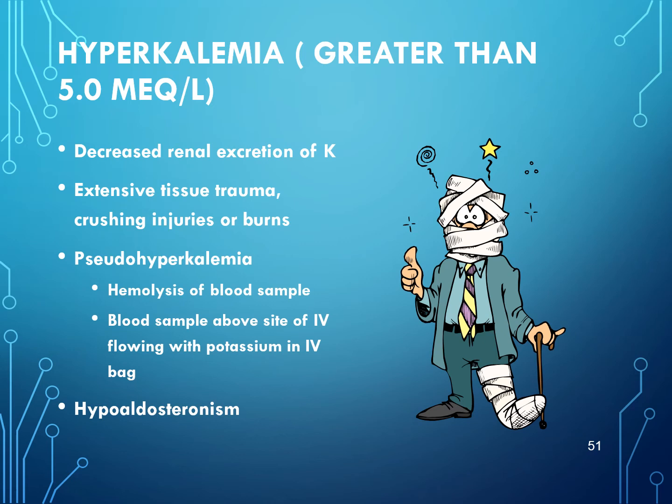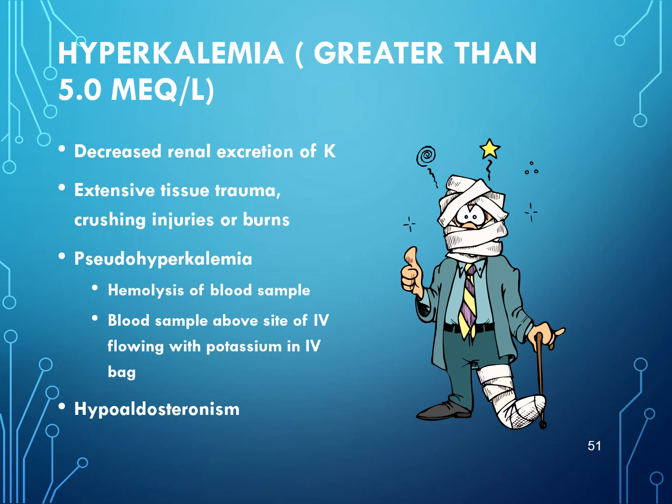It can also be caused by extensive tissue trauma, so crushing injuries or burns. As the tissue is damaged, potassium is pushed out of the cells. Can be due to metabolic acidosis as hydrogen ions shift into the cells. They push potassium out.